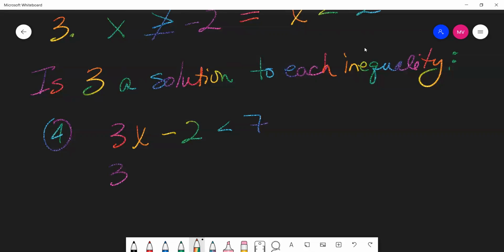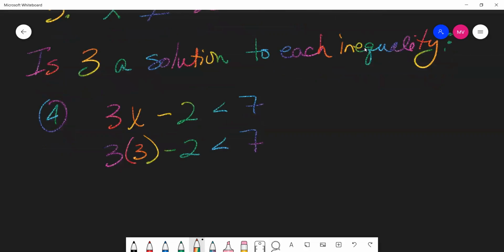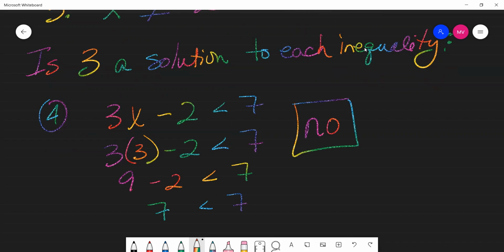So let's do that. 3 times 3 minus 2 is less than 7. Let's simplify. 3 times 3 is 9. 9 minus 2 is 7. So is 7 less than 7? No, because it's equal to. So this is false, or no, 3 is not a solution to this inequality.